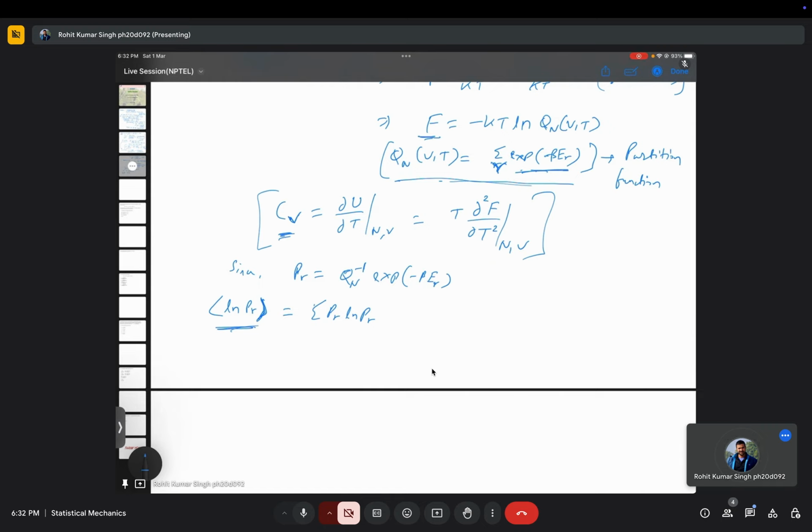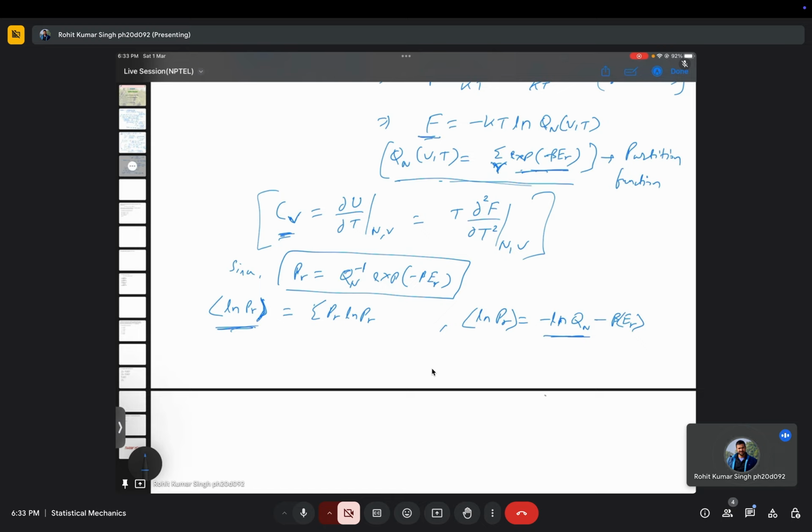Is this fine? From this expression, if you take log of P_R, you will have minus log of Q_N minus beta E_R. If you take the average on both sides, this quantity is fixed, since it is a sum over all the states, so it is a constant. Only the energy is varying, so you have to take the average over energy.